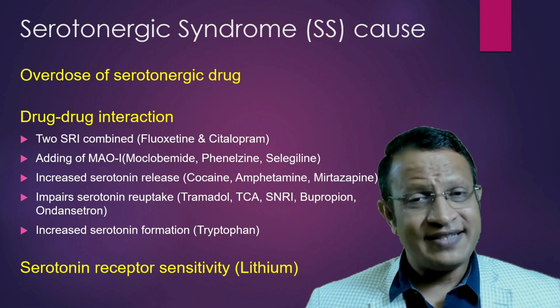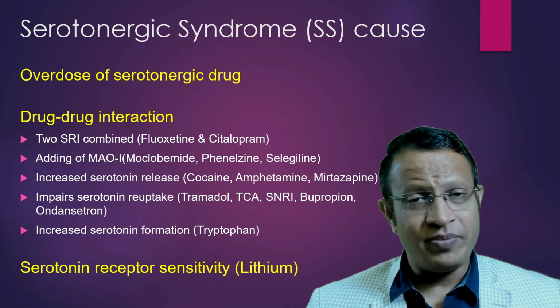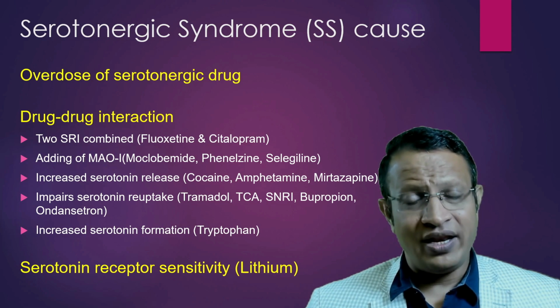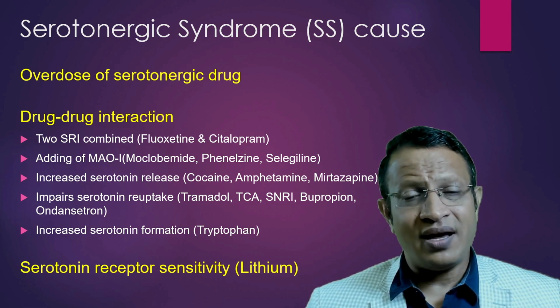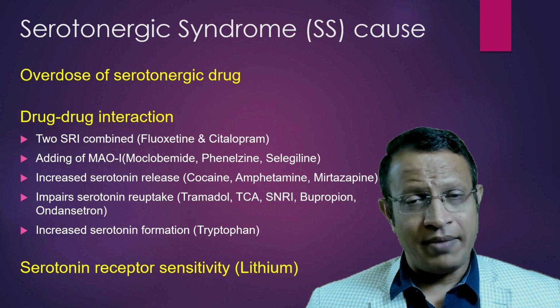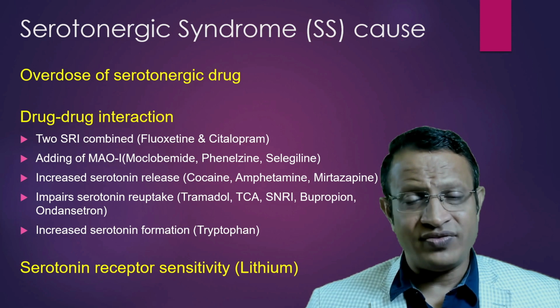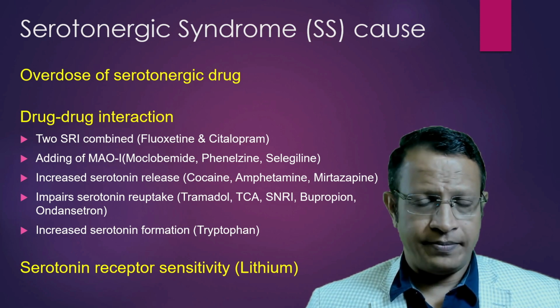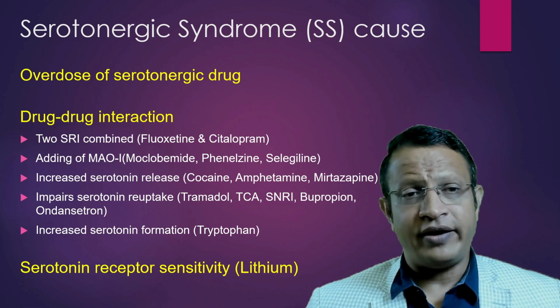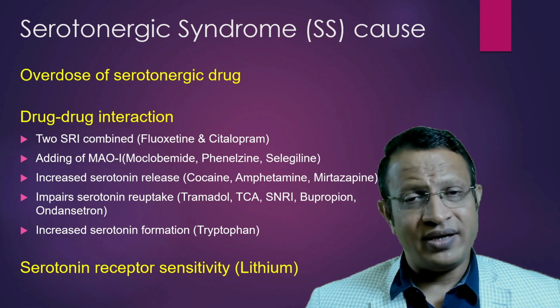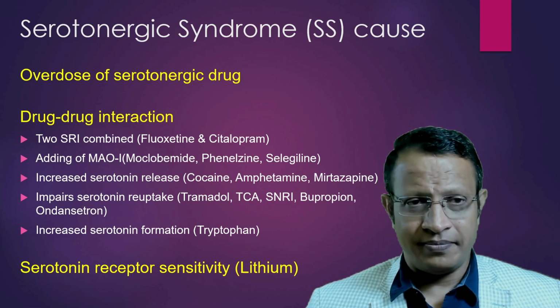Second one is drug-drug interaction. That means there is a drug interaction whenever two SRIs are combined. For example, if fluoxetine and citalopram are combined, the chances of serotonin syndrome are high. Another drug interaction is monoamine oxidase inhibitor in combination with SRI.